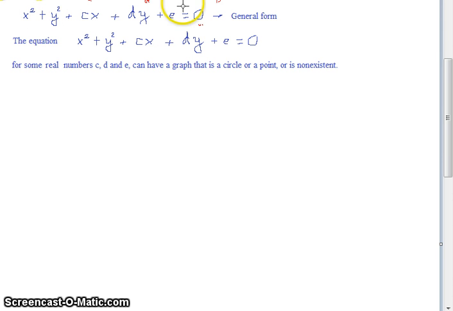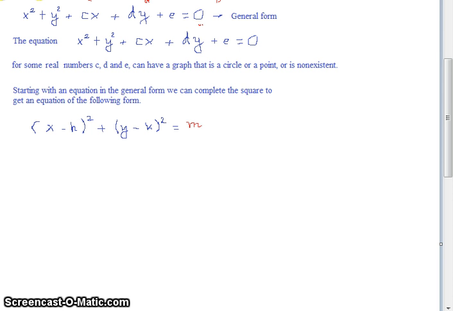Starting with an equation in general form, we can complete the square to get an equation of the following form: (x minus h) squared plus (y minus k) squared is equal to a number m. This number could be positive, 0, or negative.